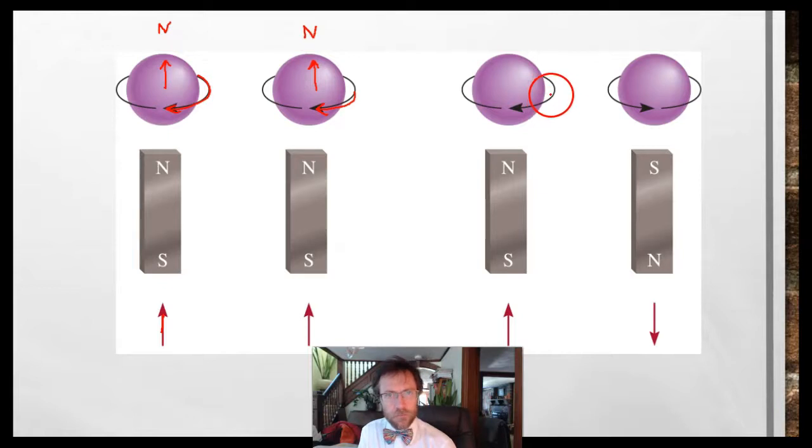Now over here, same thing, only completely opposite. As we do this electron configuration and we're filling them with electrons spinning up and electrons pointing down because of their spin, here we have an electron spinning to the left, and we said that north will point up, right? So if it's spinning to the left, north points up. If it spins to the right, north is going to point down.